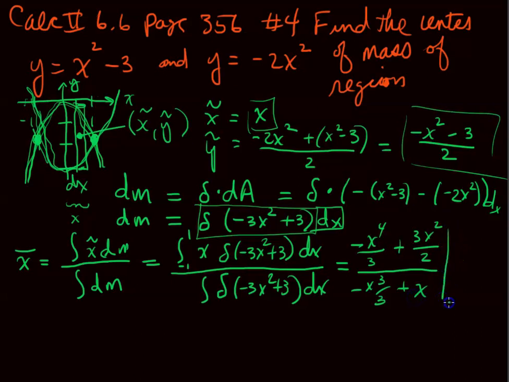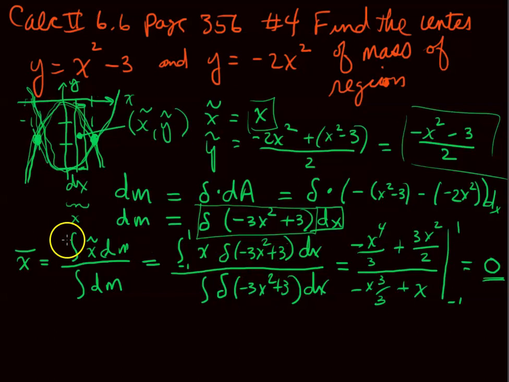This is evaluated from negative 1 to 1. Running out of room again. But you get, after all the algebra, zero. It's a lot of work to find out it's 0.